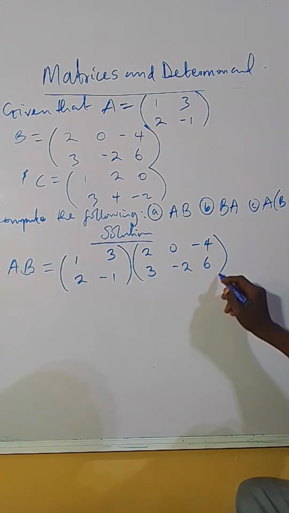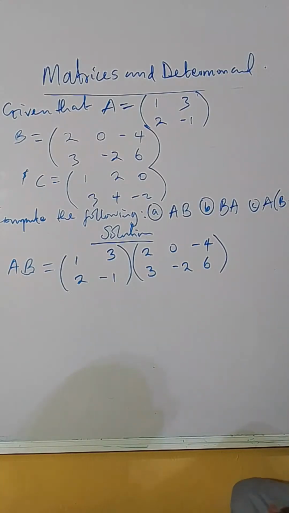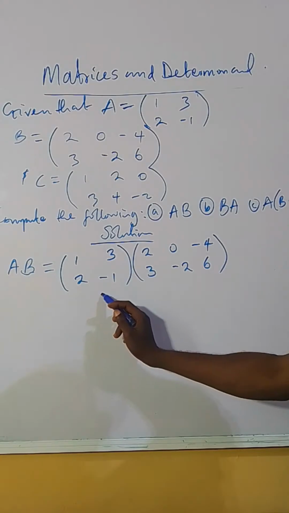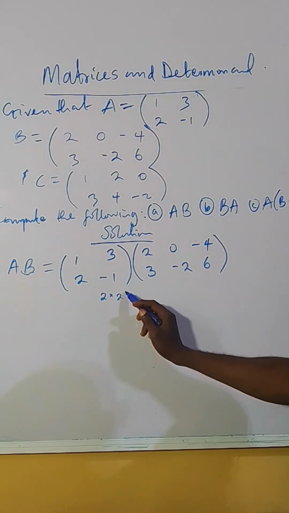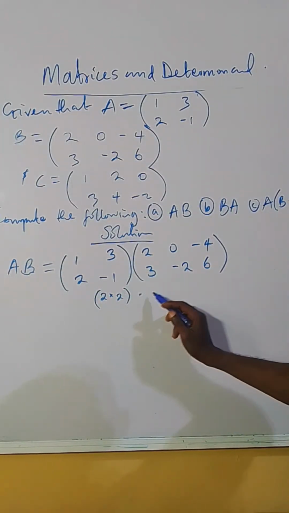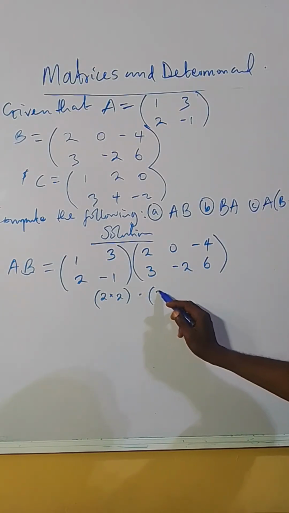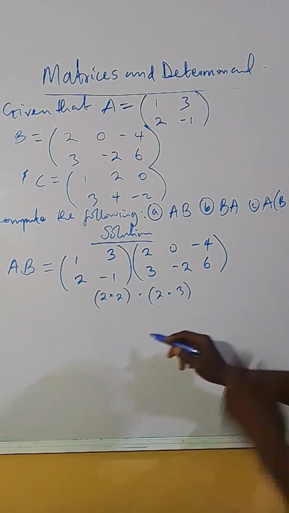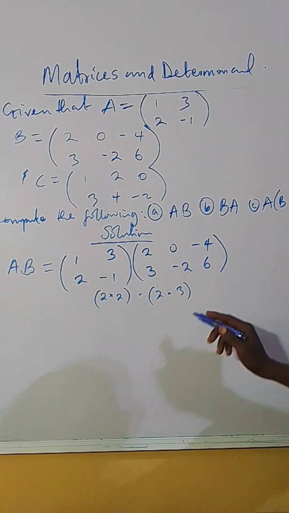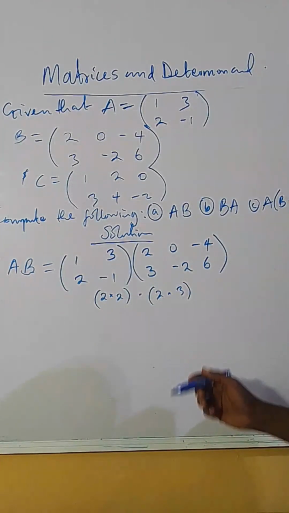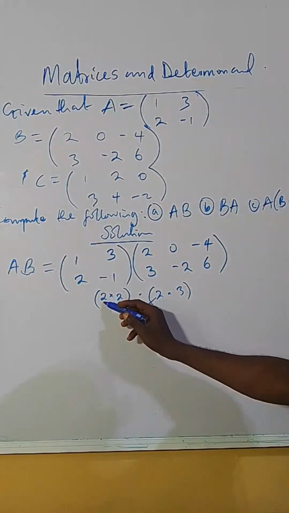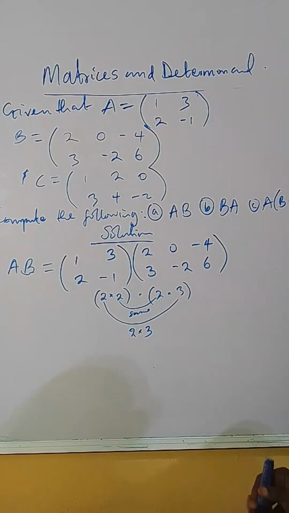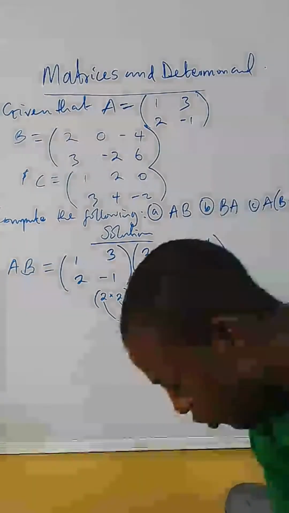Now let's check the order. This matrix has an order of 2 by 2, multiplying by this 2 by 3. This is row by column: 2 rows and 2 columns here, 2 rows and 3 columns here. The result will give us a 2 by 3 matrix.